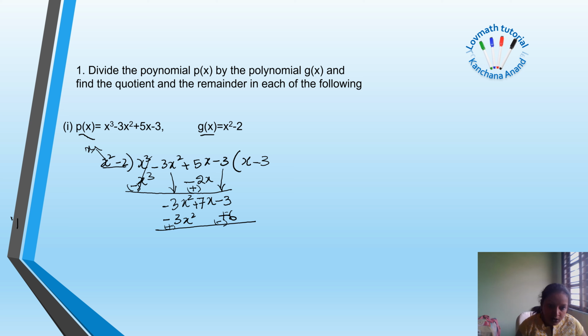Therefore here minus 3x square and plus 3x square get cancelled. So the remainder is 7x minus 9. So this 7x minus 9 is the remainder and this x minus 3 is the quotient.